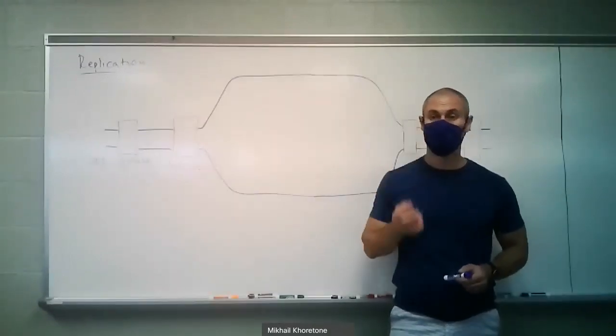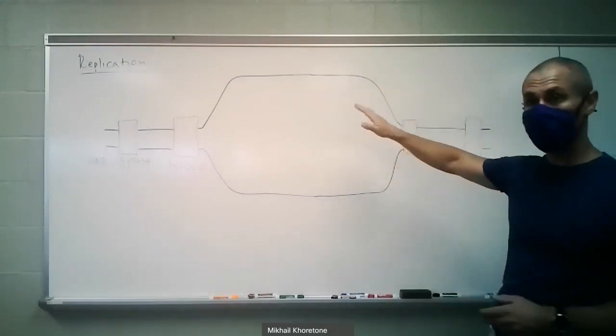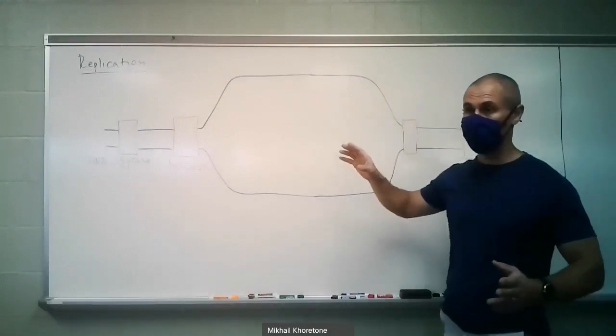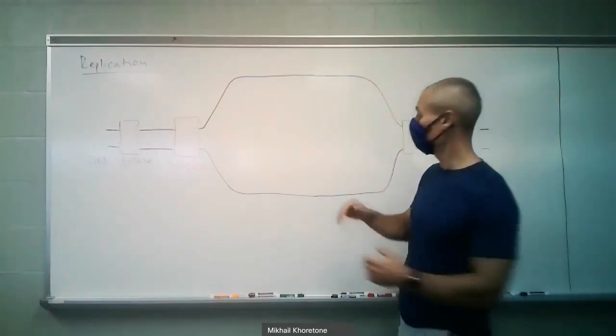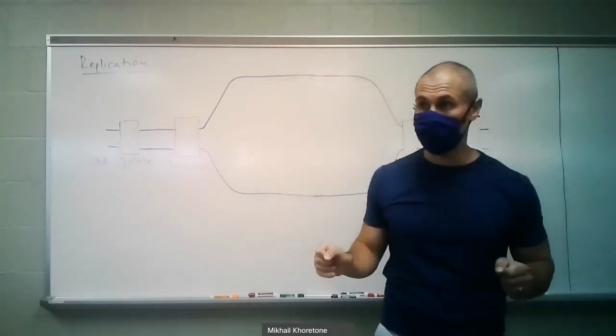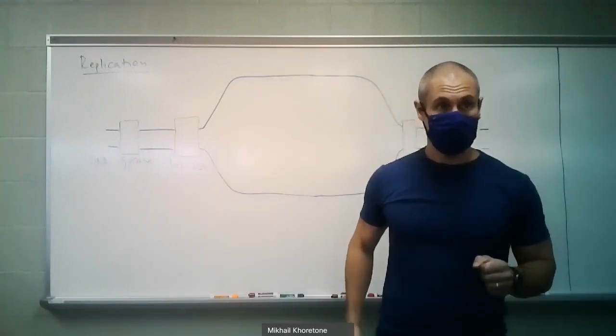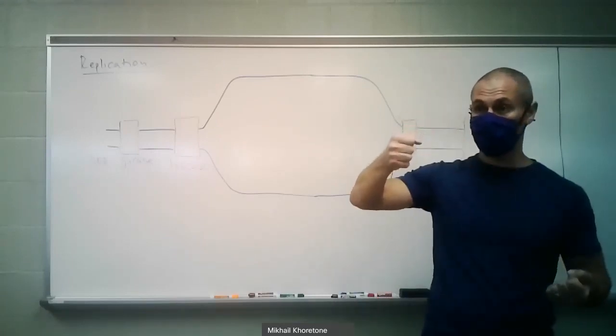Now, what I show you here is also kind of a snapshot. So there should be some location in the DNA where initial separation starts. Where are you going to start splitting those strands?